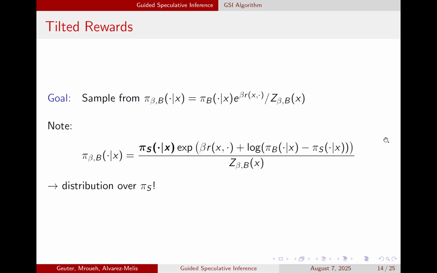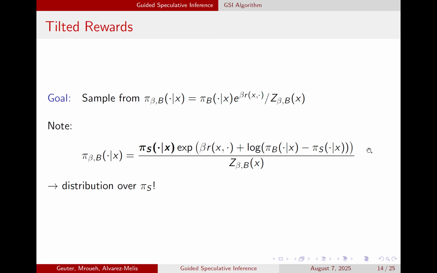But what's nice about writing it like this is that now it's a distribution over pi_s. If you remember when I showed you how softmax best-of-n sampling works, this provably gets close to the tilted distribution because we can sample from the distribution pi_b, but then we weigh the samples by these exponentials. So now we can do the same thing: generate samples from pi_s, but weigh them by the exponential of beta times the reward plus this log ratio.